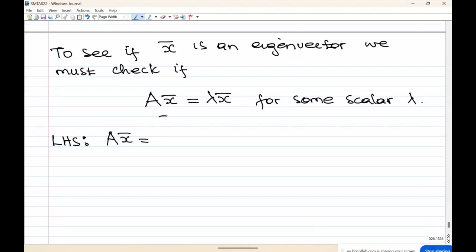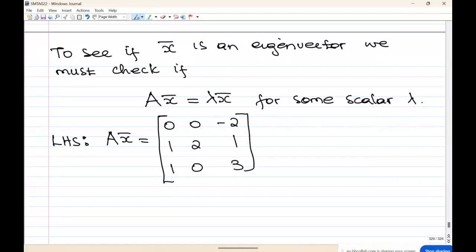What is A, colleagues? A is 0, 0, -2, 1, 2, 1, and then 1, 0, 3, multiplied by the vector x. And our vector x, they give us, is -2, 1, 1.